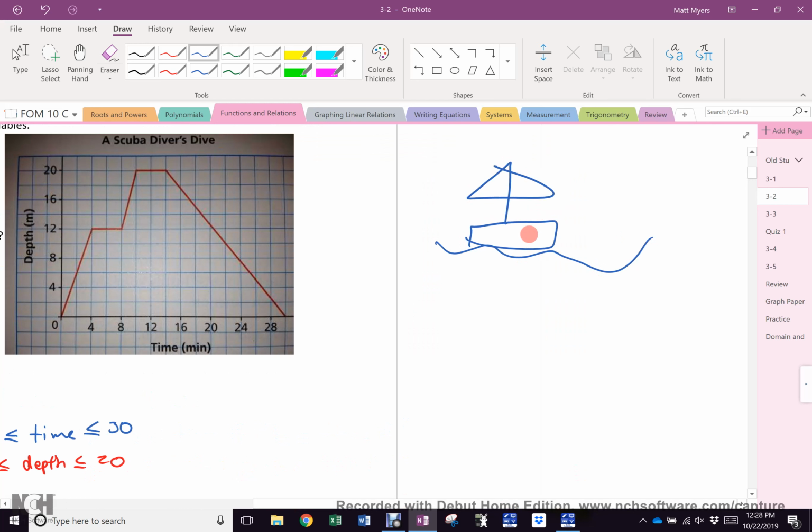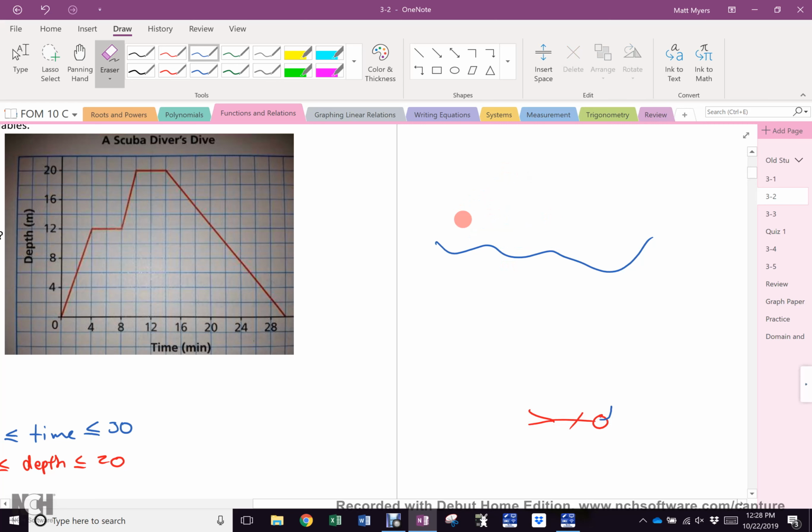In real life, the boat's up there, yes? And the scuba diver swims down. So if it was a drawing of real life, this would be reversed, yes?